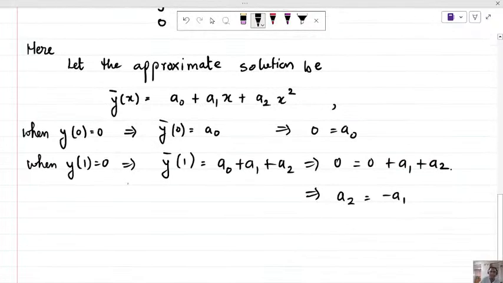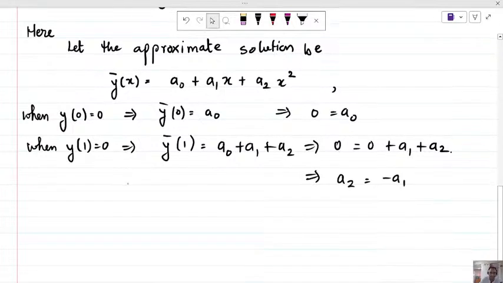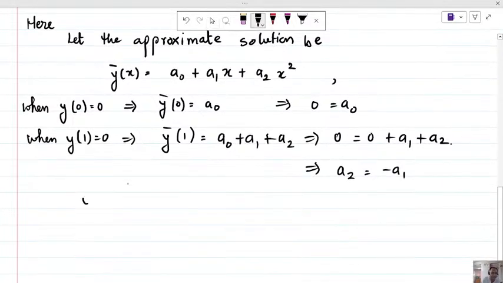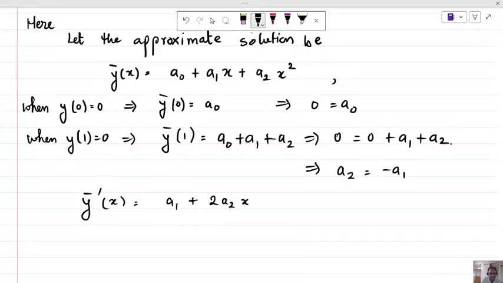Alright. Now we take the derivative of y bar. The derivative y bar dash is a1 plus the derivative of a2x square, which becomes 2a2x, not x square, sorry.